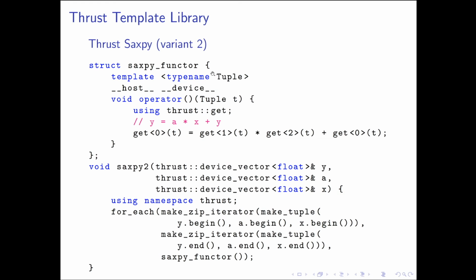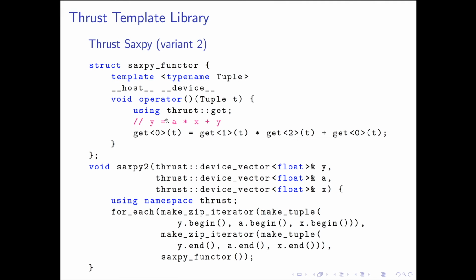And in the device code, I'm passing a tuple, and for simplicity I made this a template so that I don't have to care about what the type is that I'm passing into that functor actually. And then I'm using the thrust get algorithm to get the various values from the tuple: get at position 0 will just give me the 0th entry in the tuple, and 1 and 2 will get me the first and second values in the tuple.